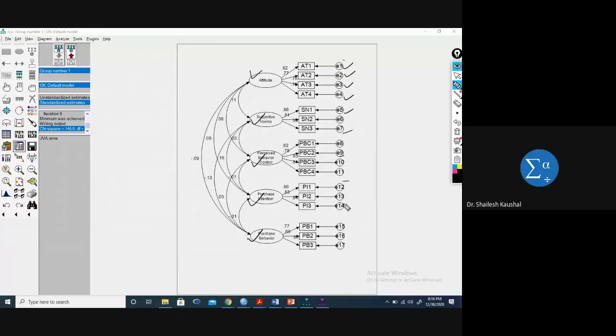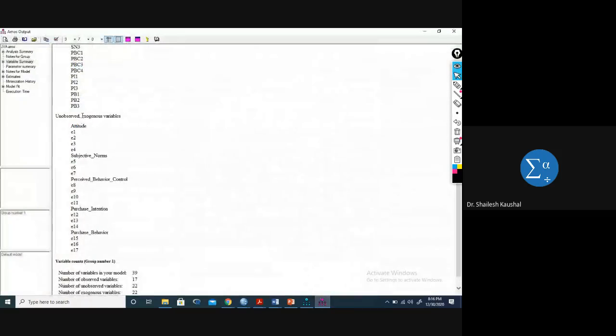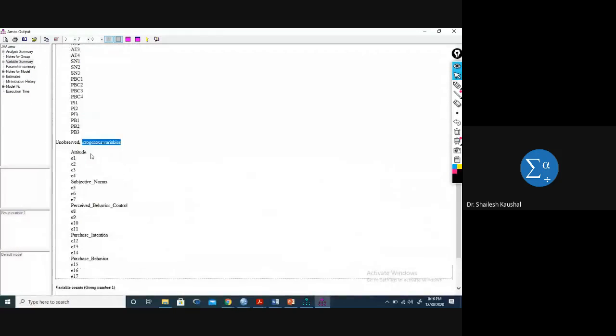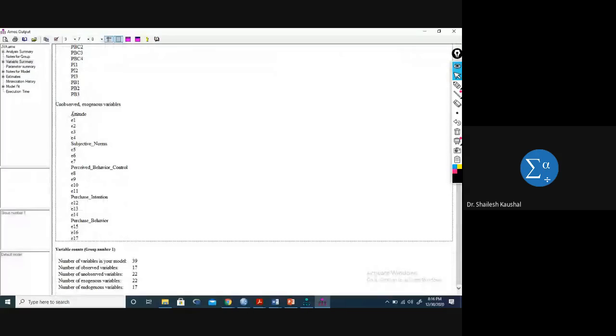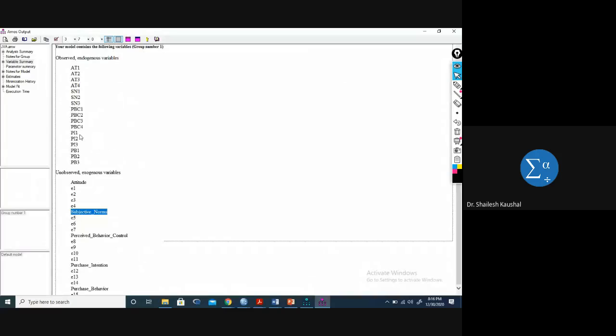And these are independent because this is the DV, and these are IVs, independent variables. It is the same as independent variable, but here we use the term unobserved and exogenous. How many? 5 unobserved main constructs, and 17 error terms, meaning E1, E2, E3.